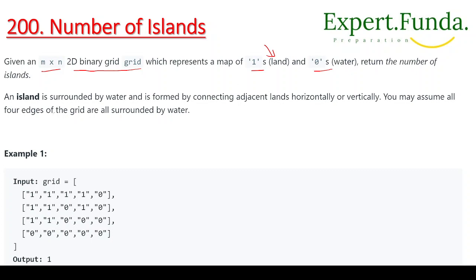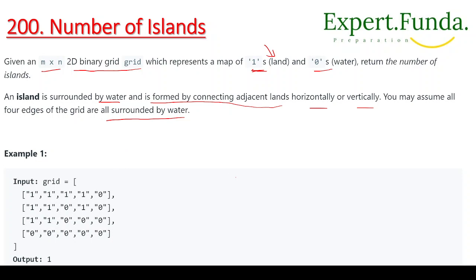An island is surrounded by water and is formed by connecting adjacent lands horizontally or vertically. We are given another statement saying you may assume all four edges of the grid are surrounded by water.